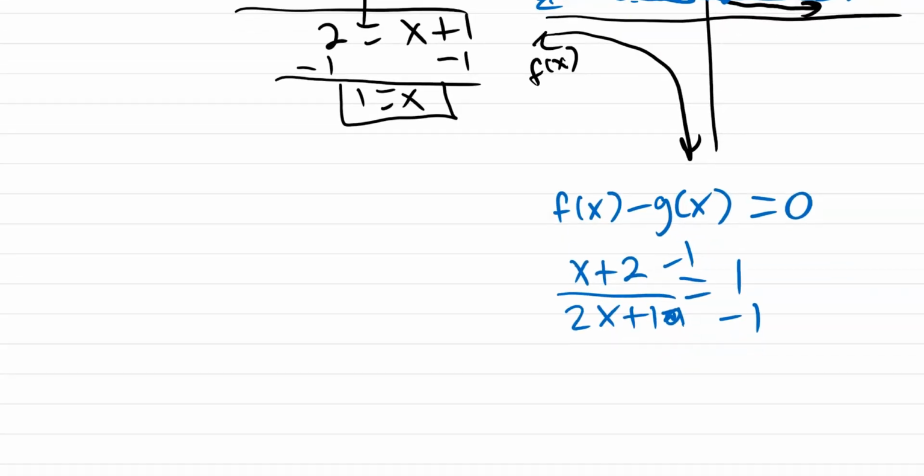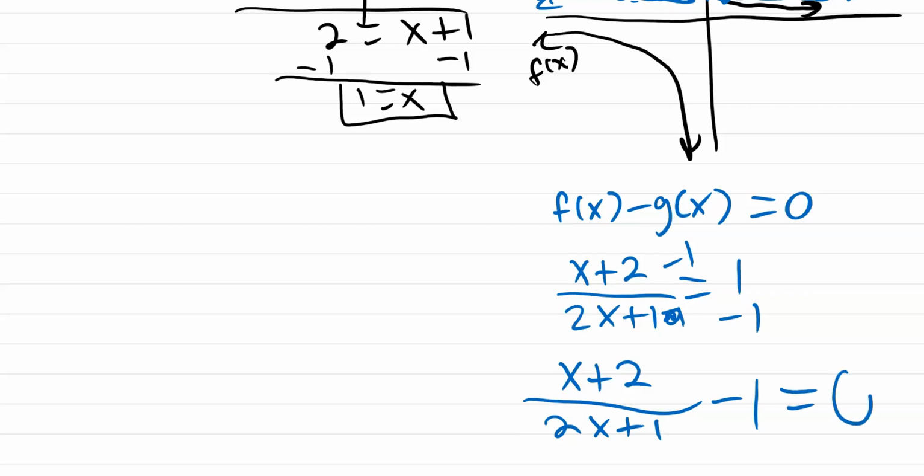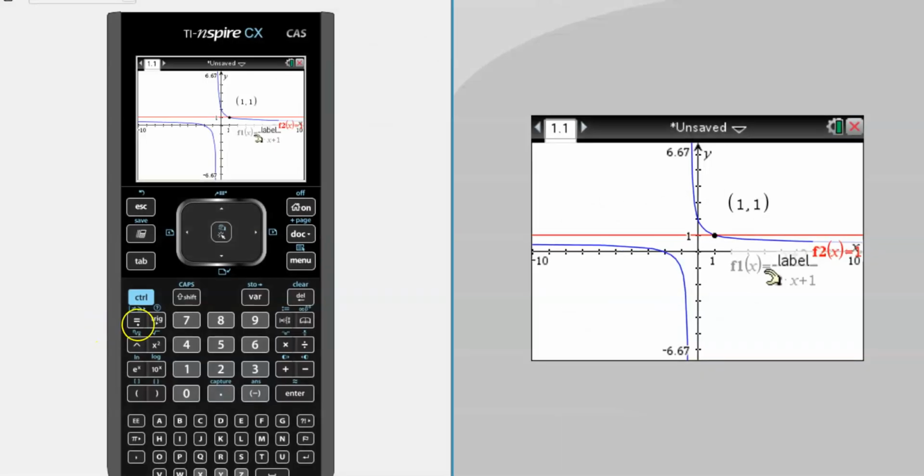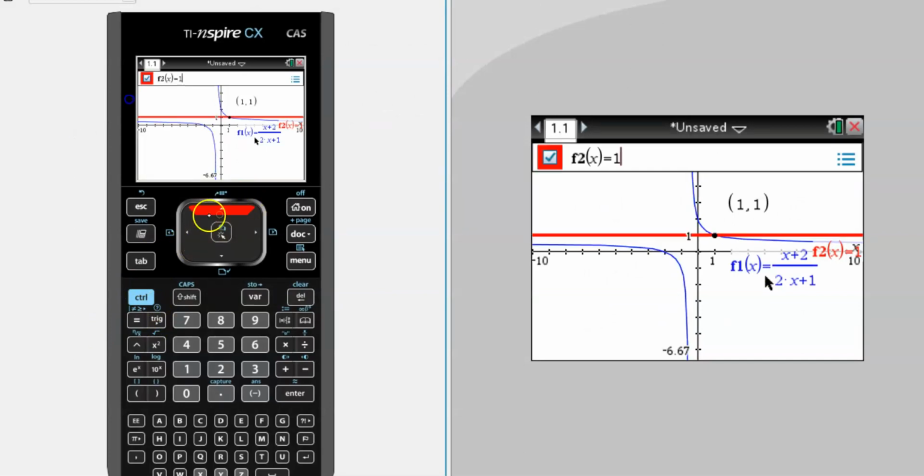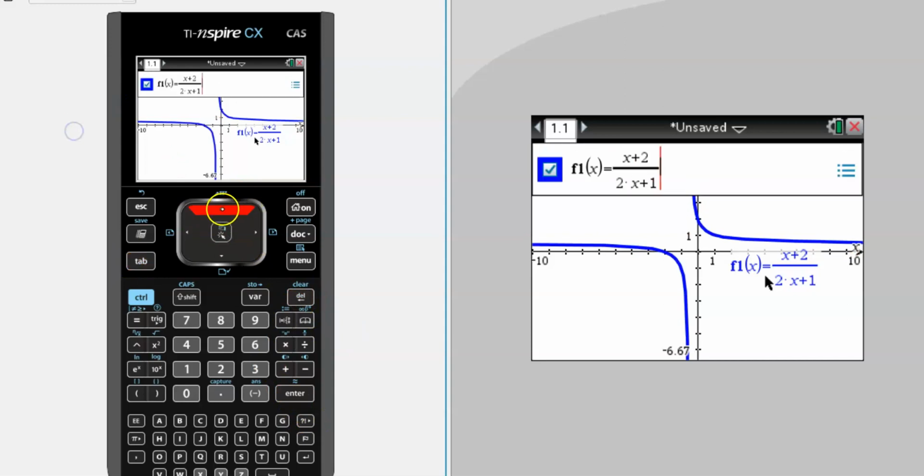So what you really end up with is x plus 2 over 2x plus 1, all minus 1, and then I can find out where does that equal 0. And I know that seems more complicated, but just stick with me. There will be a point to this. So real quick, first thing we're going to do is we're going to clear out this. And then the other one, all I need to do is add a minus 1 here.